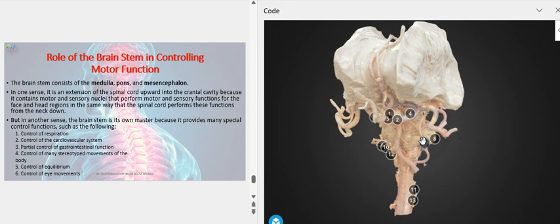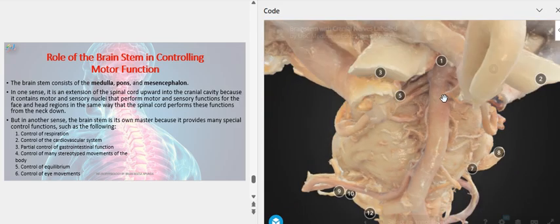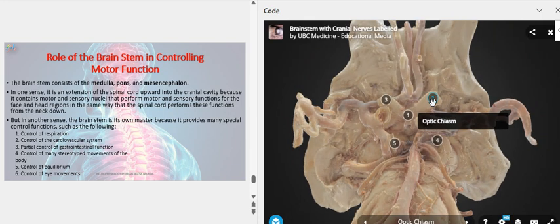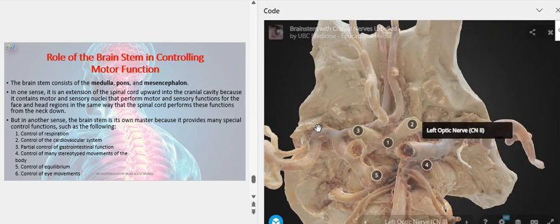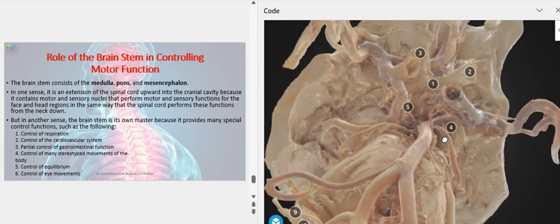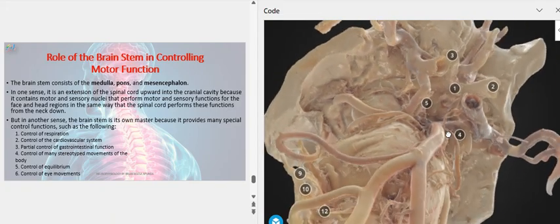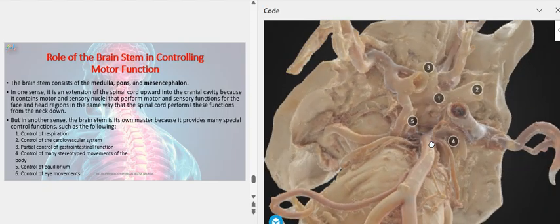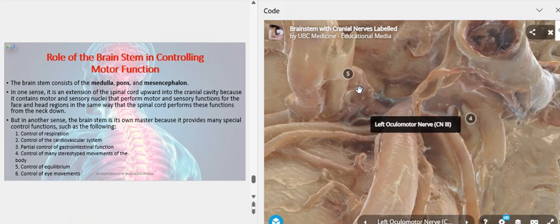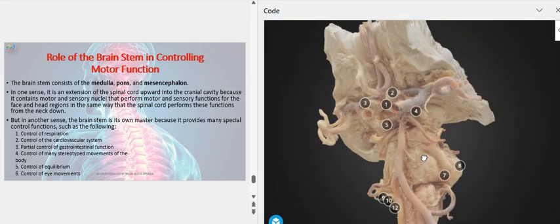So for example, if you were to click at number 1, you'll be able to see an optic chiasma that is associated with the optic nerve, the left and the right. The brainstem is also very important in that it contains the main nuclei of the cranial nerves. If you go through these other numbers, you'll be able to see the left oculomotor and the right oculomotor. All these are associated with the brainstem.